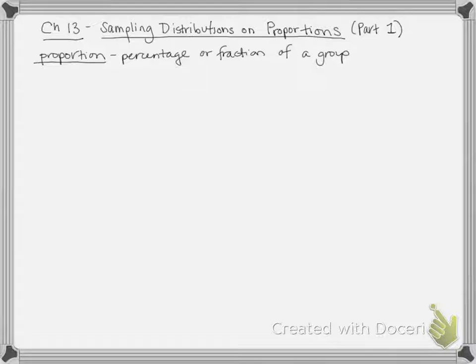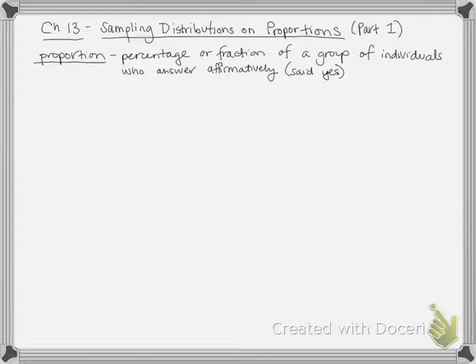So a proportion is a percentage or a fraction of a group of individuals or subjects who answer affirmatively. There was a yes or no question and they said yes.